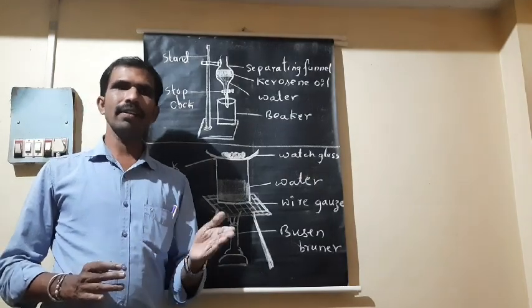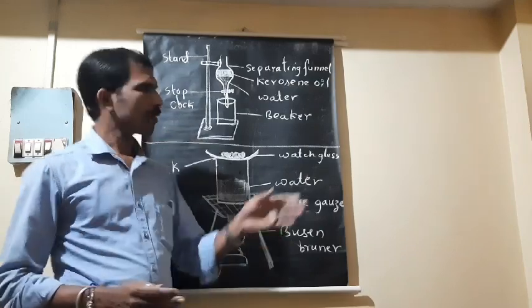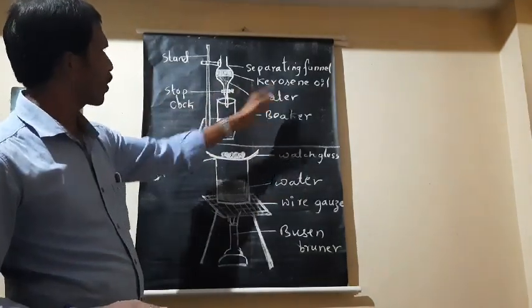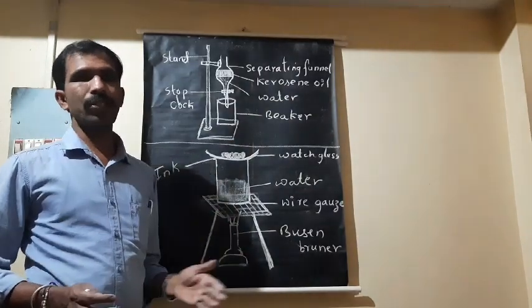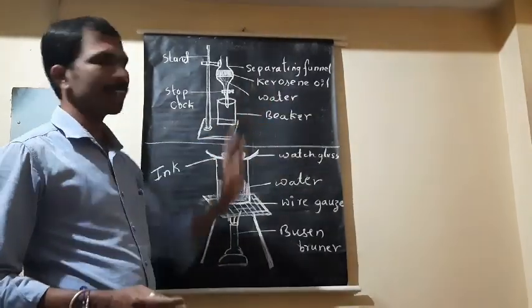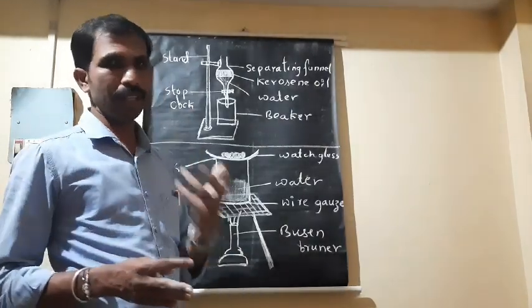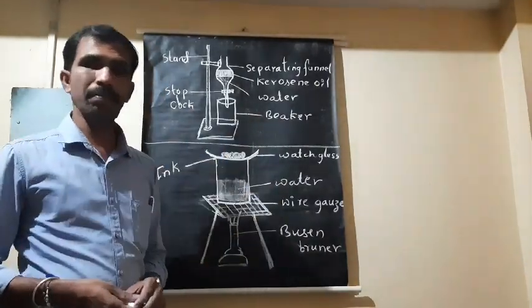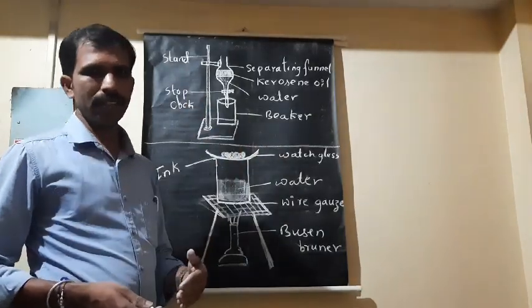Similarly, oil and kerosene never mix. Kerosene and water is the example given here. They never mix together because the density differs. When two liquids never mix together, they are called immiscible liquids. This has already been studied in lower classes.